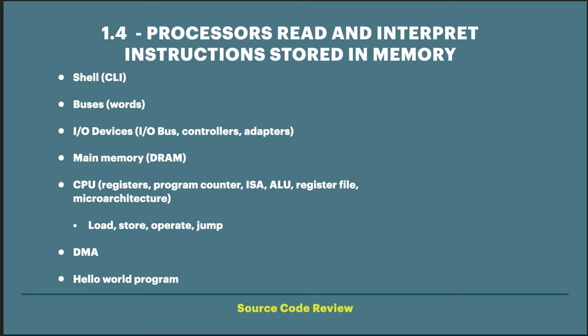It goes over buses. So how do the ones and zeros travel from different parts of the computer? They travel by buses, right? Because a bus is a transportation vehicle, so that's why it's called a bus.